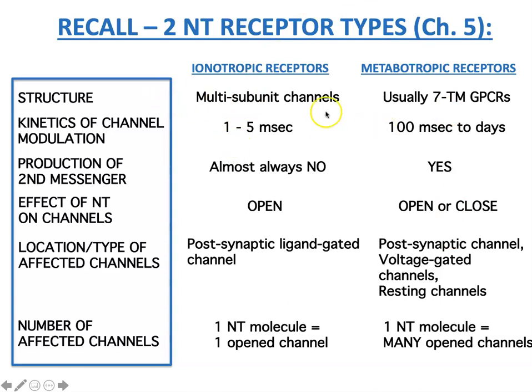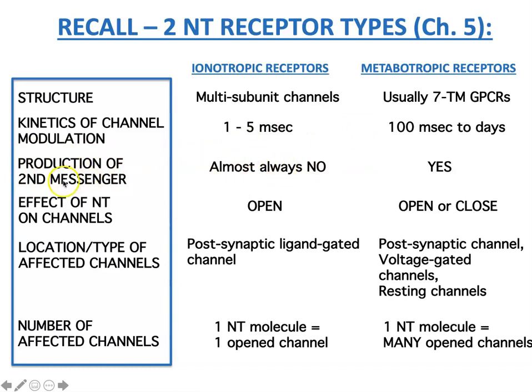Here we are talking about a multi-subunit channel that forms a pore for an ion. As far as the kinetics, these ionotropic channels can be very fast acting, about 1 to 5 milliseconds to have passage of charge. The ionotropic receptors are not going to activate a signaling pathway in the cell.